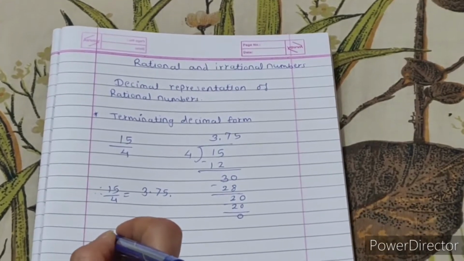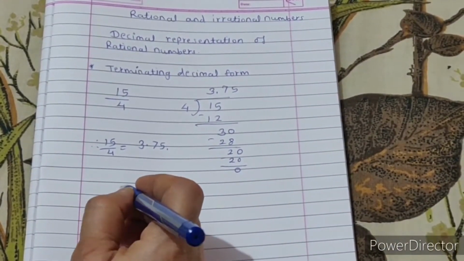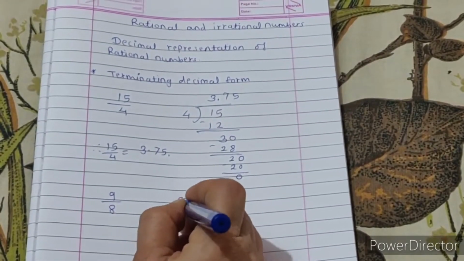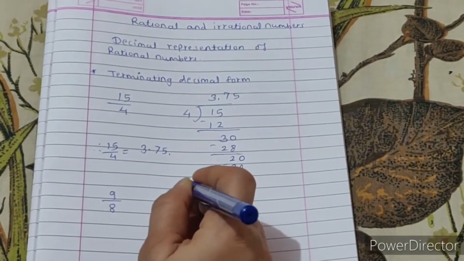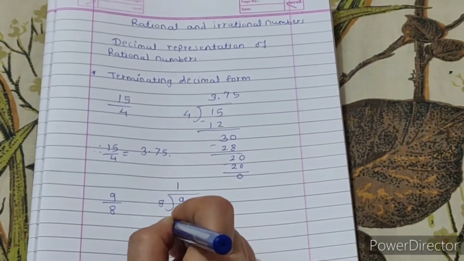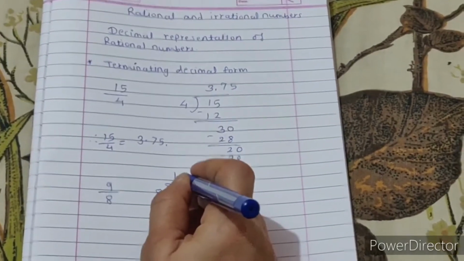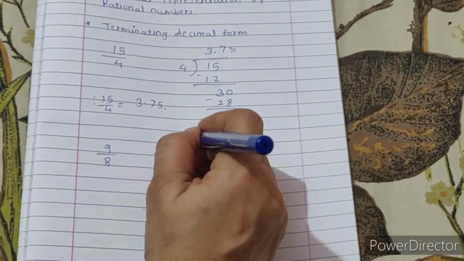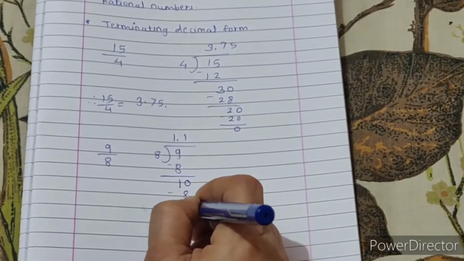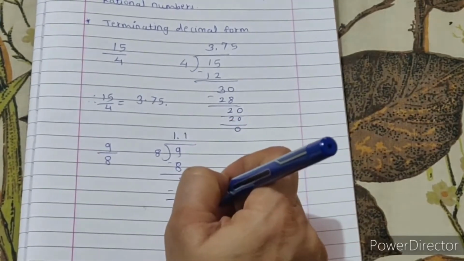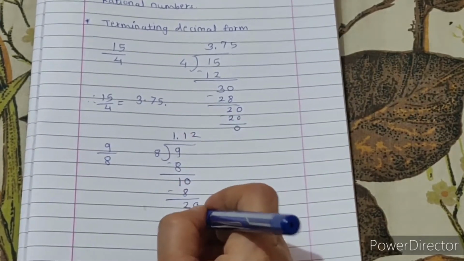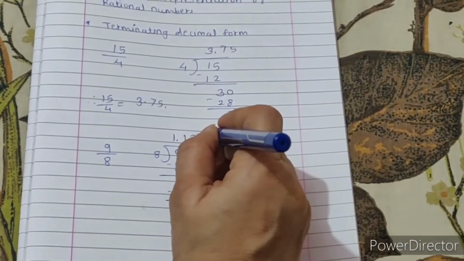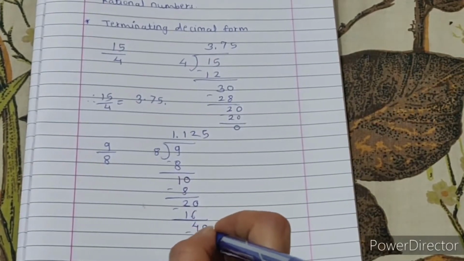Now we will take one more example, 9 divided by 8. 8 1s are 8, remainder 1, putting decimal point, number becomes 10. 8 1s are 8, remaining 2, number becomes 20. 8 2s are 16, remainder 4, number becomes 40. 8 5s are 40.